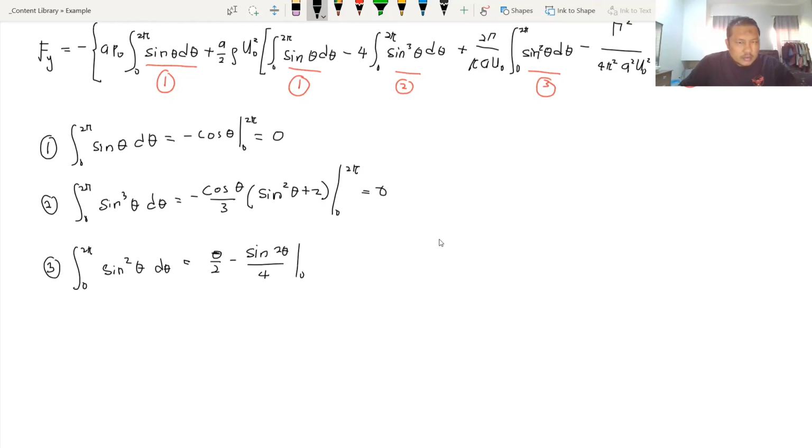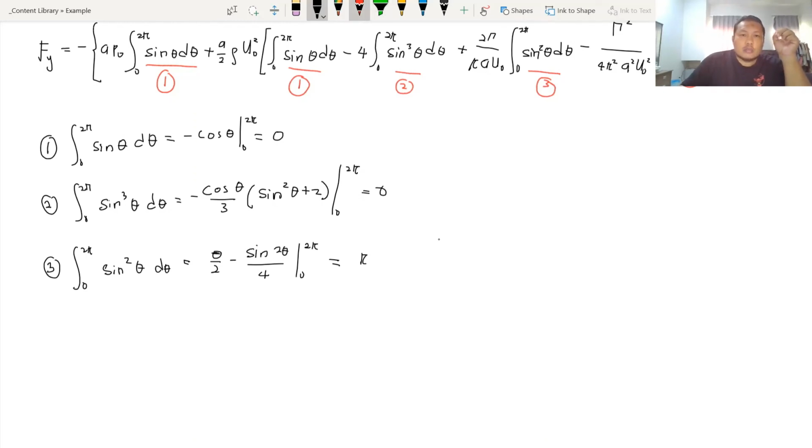Again, this is for 0 to 2 pi. And then if you substitute theta equal to 0 and then 2 pi, we know that this term is always 0. Then from here we got the pi. Okay, because pi minus 0 is pi. All right, therefore we can now substitute this pi into these equations.